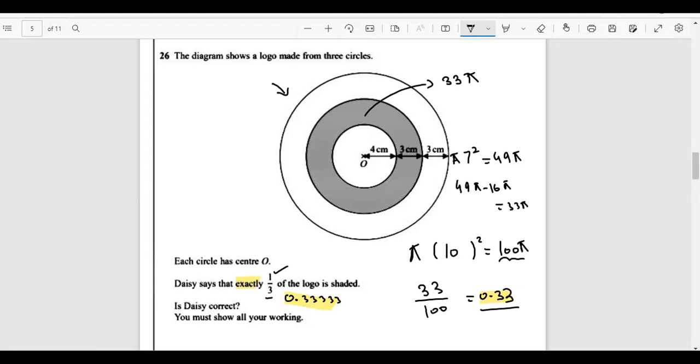All the area was 100 pi. So for the ratio of shaded to total, it would be 33 pi over 100 pi, that is 0.33, and it is not exactly 1/3, right? Very good. So you have understood it correctly.